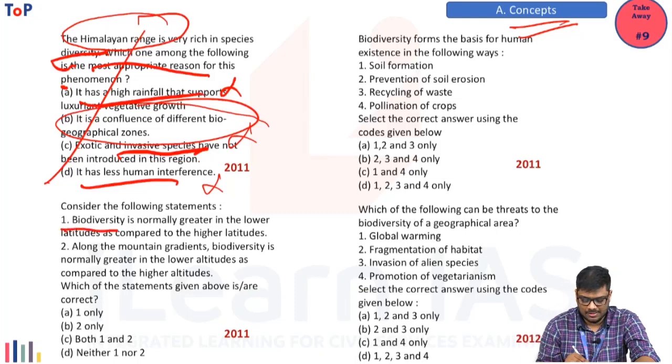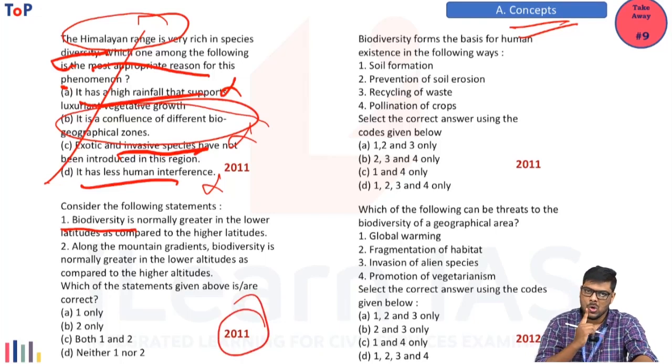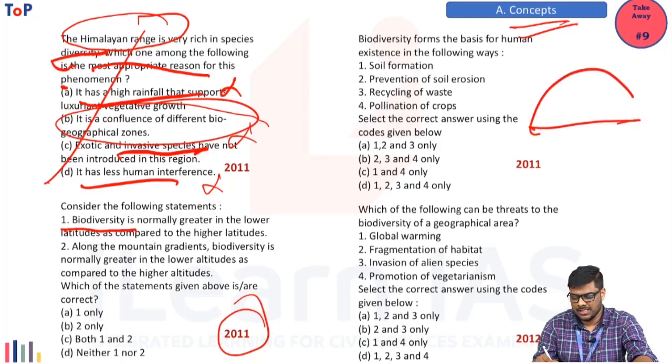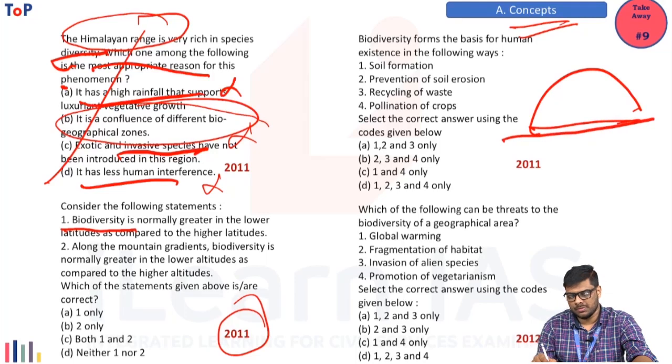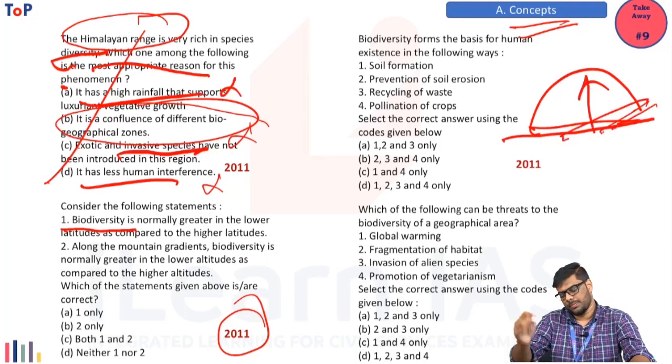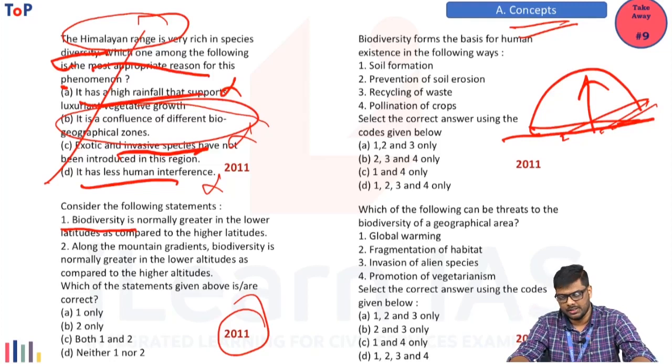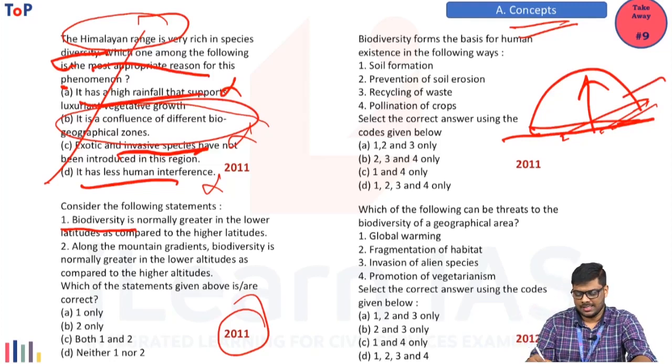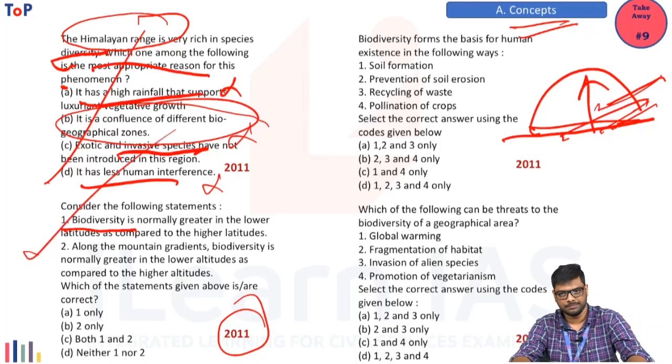Just like this, comparison of biodiversity over latitude and altitude. The 2011 question asks about latitudinal and altitudinal variations of biodiversity. Those who know the concept: towards the equator, more insolation, more rainfall, more biodiversity. As we go higher and higher latitude wise, less rainfall, less insolation, less biodiversity, which makes the first statement correct.